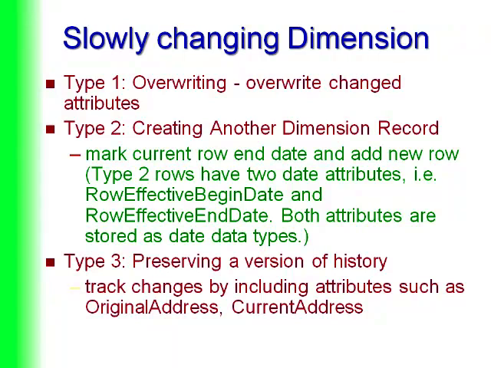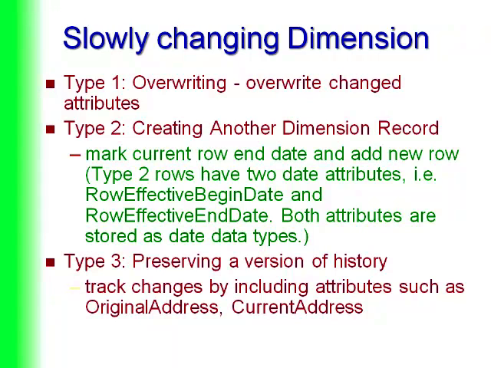In all these situations, we need to create the key. In type 1, we overwrite the changed attributes. That's why it's called overwriting in nature. In type 2, we create another dimension record by adding new rows. Type 2 rows have two date attributes, row effective begin date and row effective end date. Both attributes are stored as date data types.